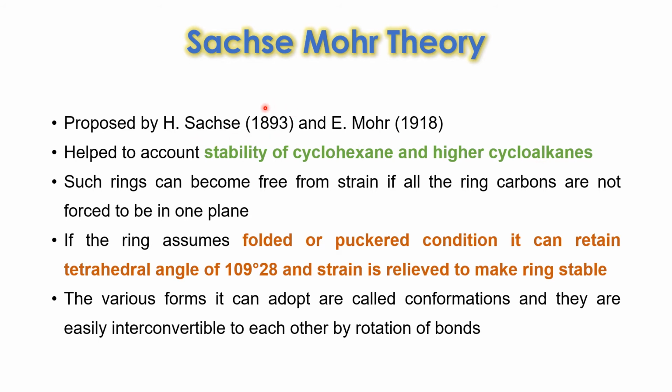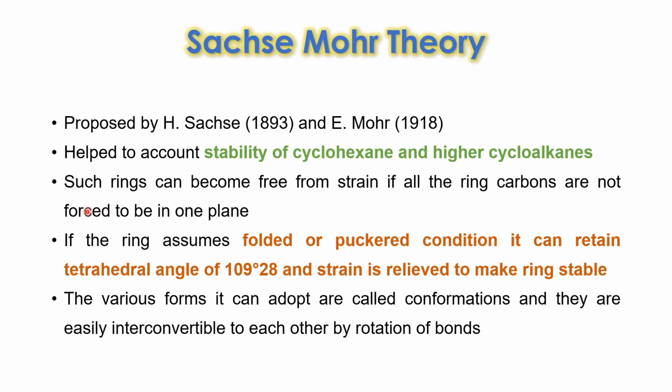Sachse in 1893 and Mohr in 1918, who actually refined the theory put forth by Sachse. So together this theory is known as Sachse-Mohr theory. This theory helped a lot to prove stability of higher cycloalkanes, which is observed practically.